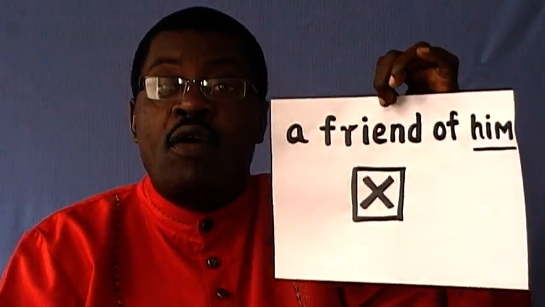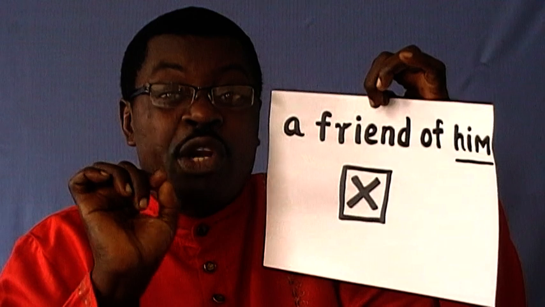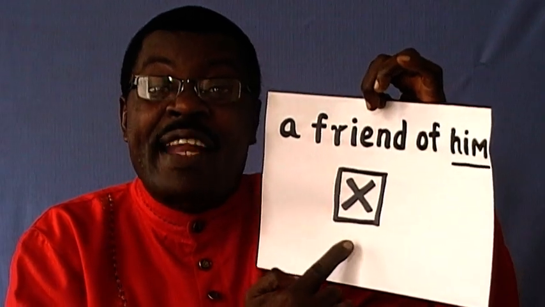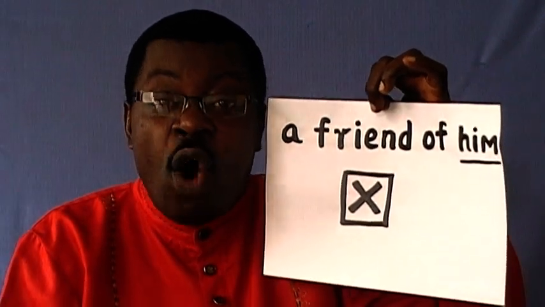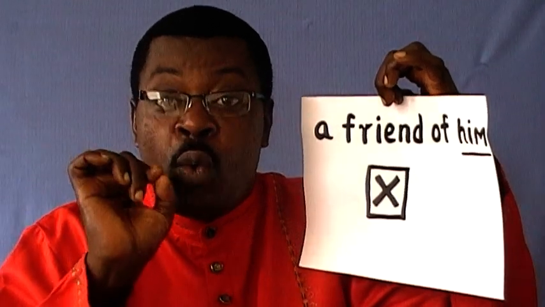Now let's move to the next common mistake. Somebody may say, so and so is a friend of him, which is wrong, and that is why I have an X. A friend of him. No. You say a friend of his. That is the way. A friend of mine, not a friend of me.